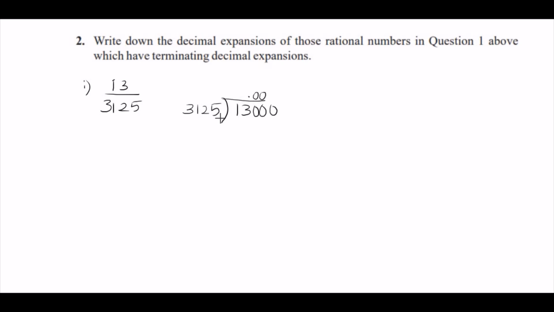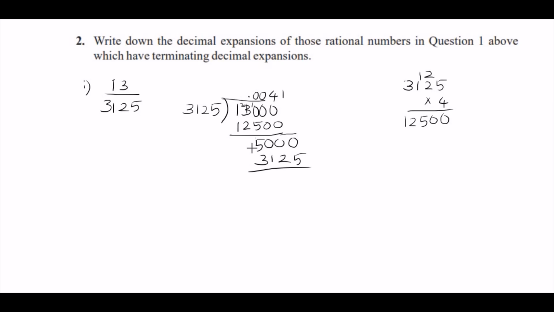In 13,000, 3125 goes 4 times. So 3125 into 4 is 12,500. So when you subtract, you get 500. So in 5,000, 3125 goes once. That is 3125. Now in 18,750, 3125 goes 6 times.